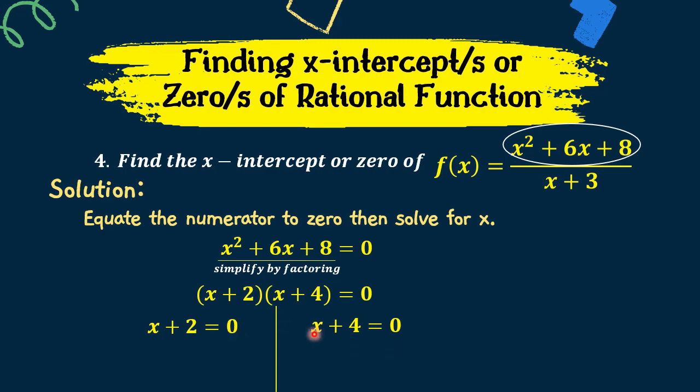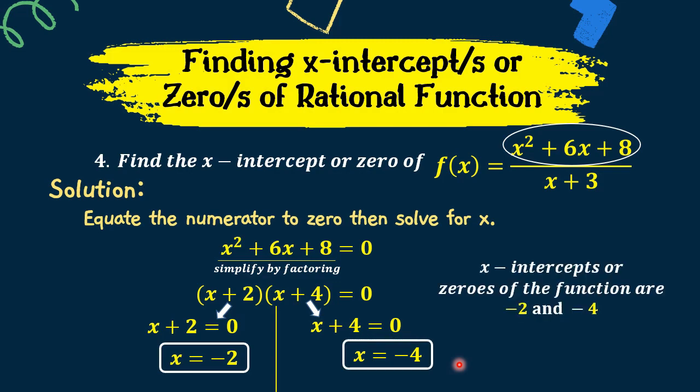From our first factor, we simply transfer positive 2 to the right side of the equation, and it will become negative 2. Here, we can also transfer positive 4 to the right side, and it will become negative 4. Therefore, the x-intercepts are negative 2 and negative 4.